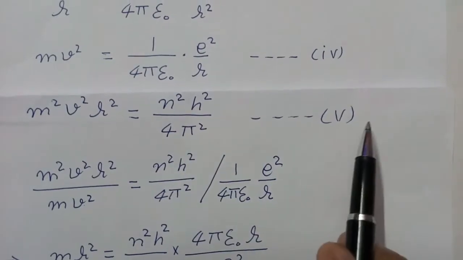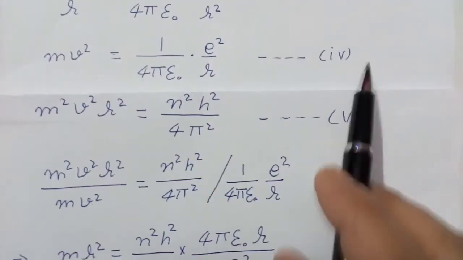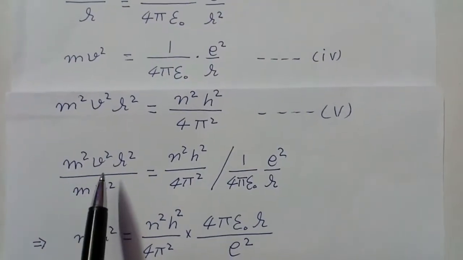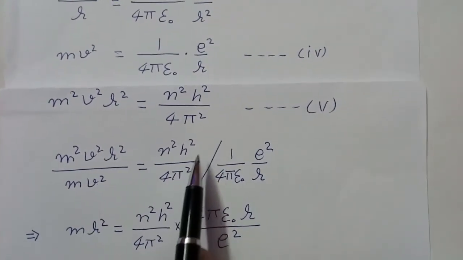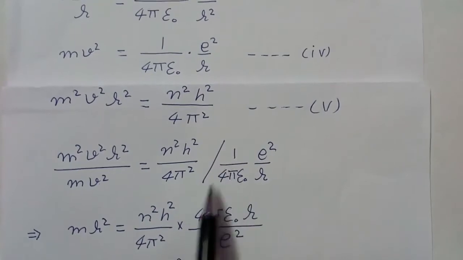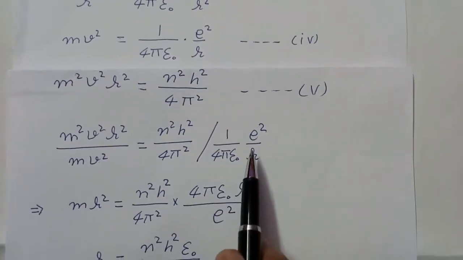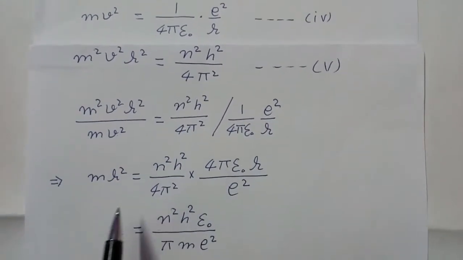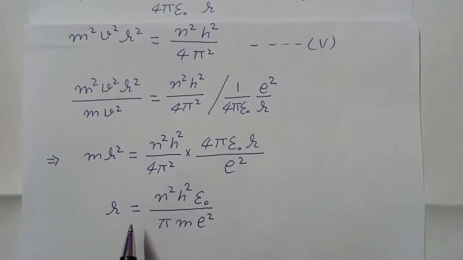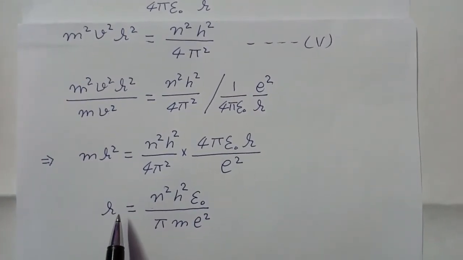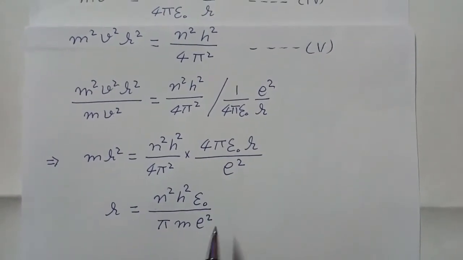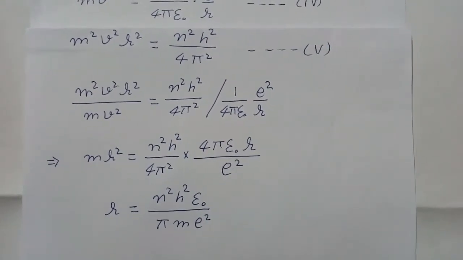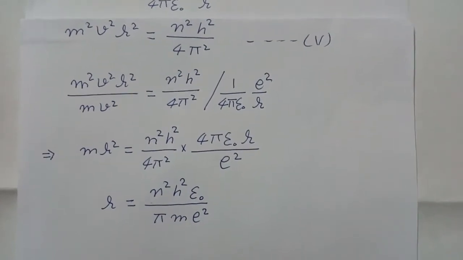Dividing equation 5 by this equation 4, we get m square v square r square upon mv square is equal to n square h square upon 4 pi square divided by 1 upon 4 pi epsilon naught into e square upon r, and solving it, we get the radius of the circular orbit r is equal to n square h square epsilon naught upon pi m e square when the electron is revolving in the nth orbit in the hydrogen atom.